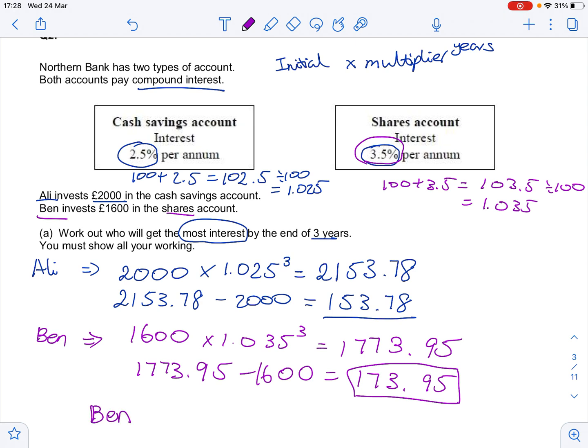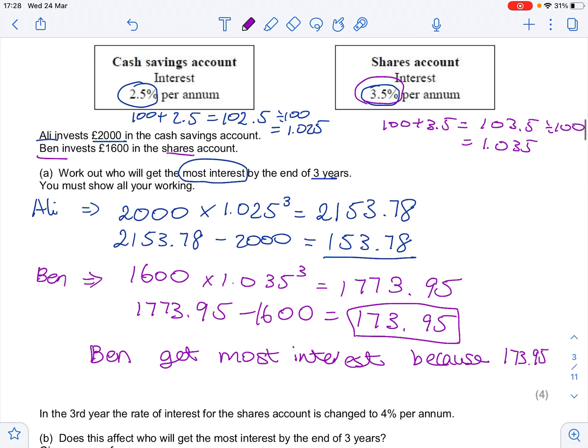So you must state Ben gets the most interest, because 173.95 is greater than 153.78.